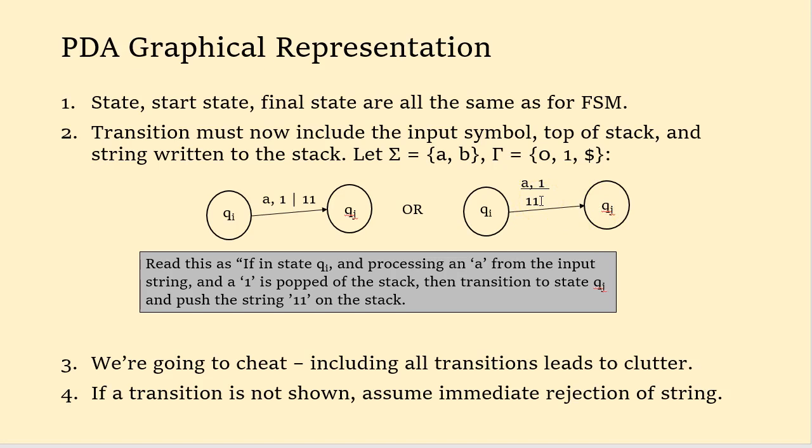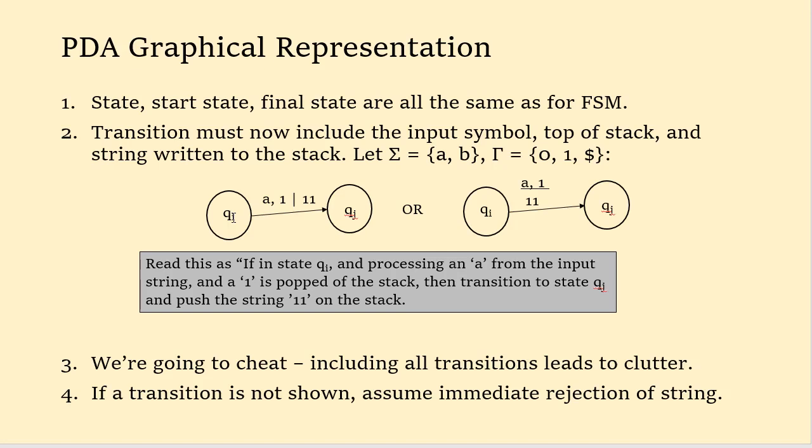Now, if you think about it, because of all these possible transitions, before, for a finite state machine, I needed every state to have an outgoing arrow for every symbol in the alphabet. Now I need it for every symbol of the alphabet and every possible top of stack symbol.